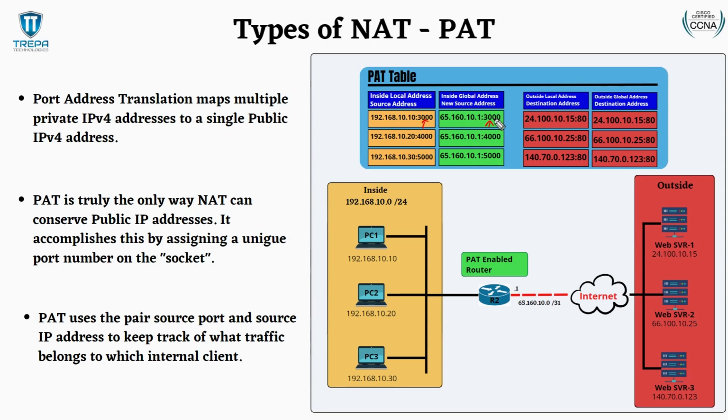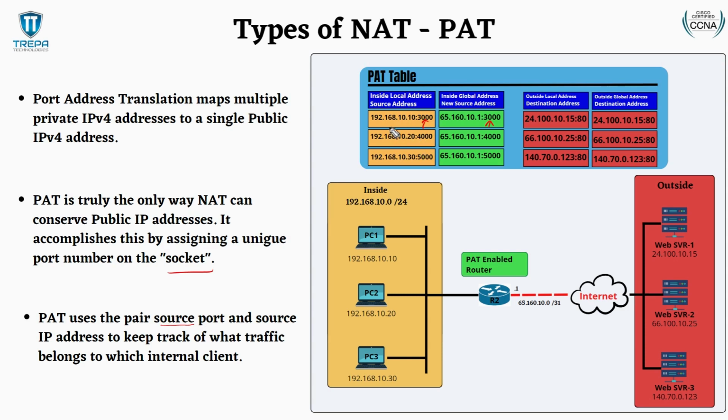Because we can use a whole /24 on one single public IP address. So it accomplishes this by assigning a unique port number on what we call the socket, which is just a layer up, right? A layer 4 port number. So PAT uses the pair source port and source IP address to keep track of what traffic belongs to which internal client.